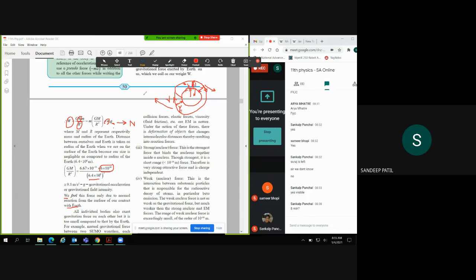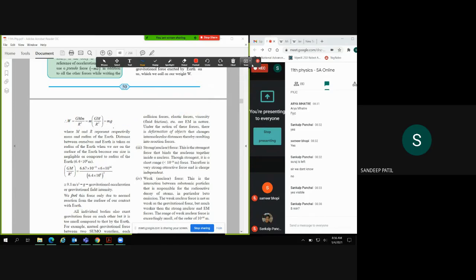So this way, generally we send rockets towards different planets, or to study different stars. Okay, so that is a different study itself. We will learn it if it comes in this syllabus.